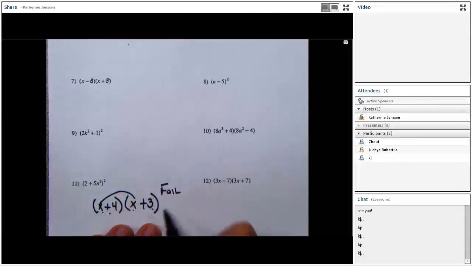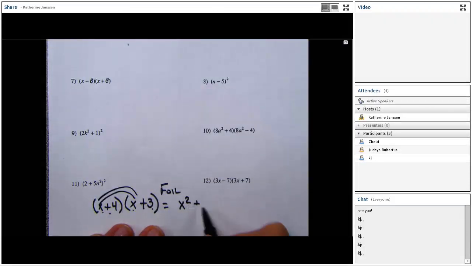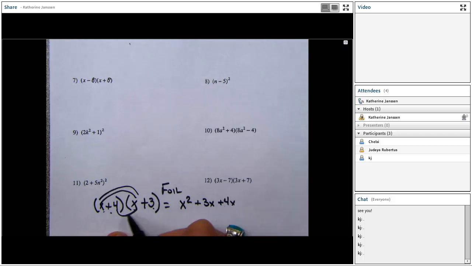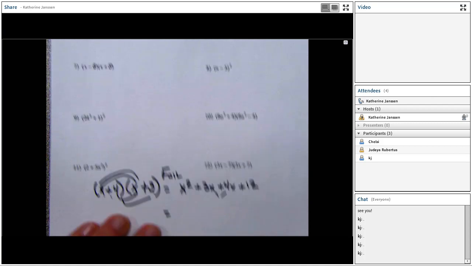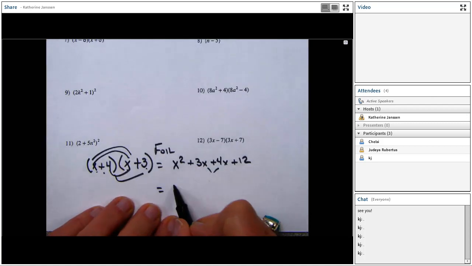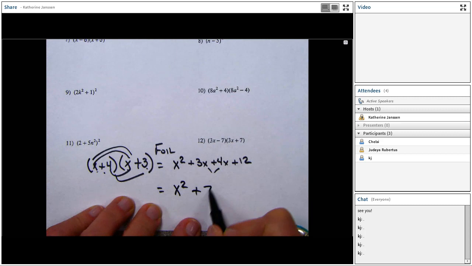FOIL: multiply the first terms, multiply the outer terms, multiply the inner terms, and multiply the last terms. And with FOIL, we know we look to collect like terms. And I have 7x plus 12.